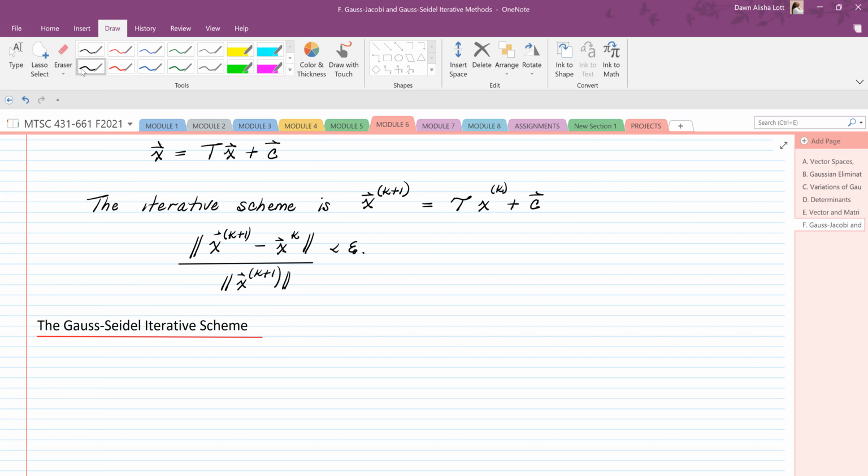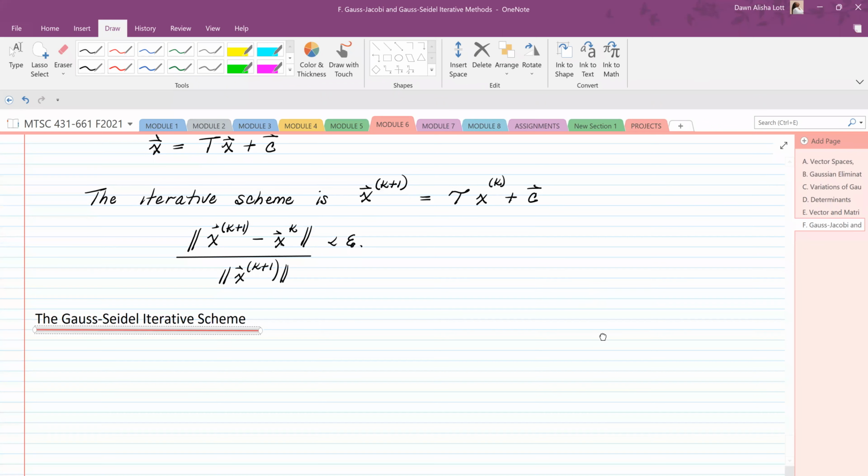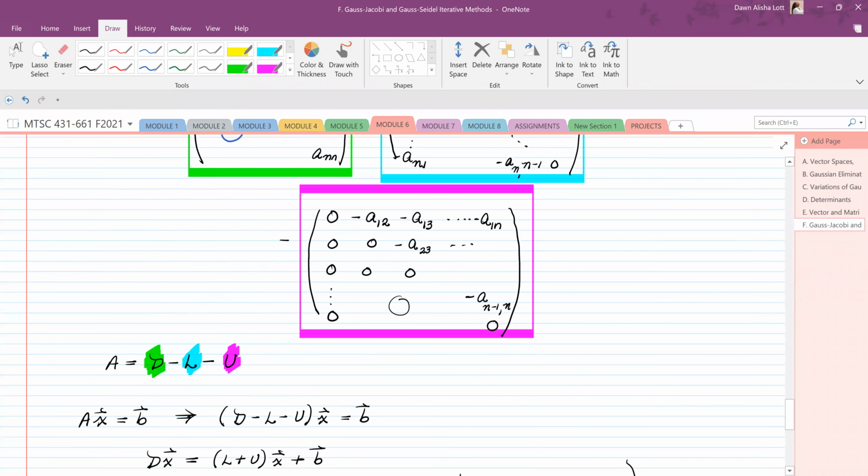The difference with the Gauss-Seidel method is as you compute a new one, you put the new one in the equation and don't wait to compute the next one. So let's take this scheme back here that we had.